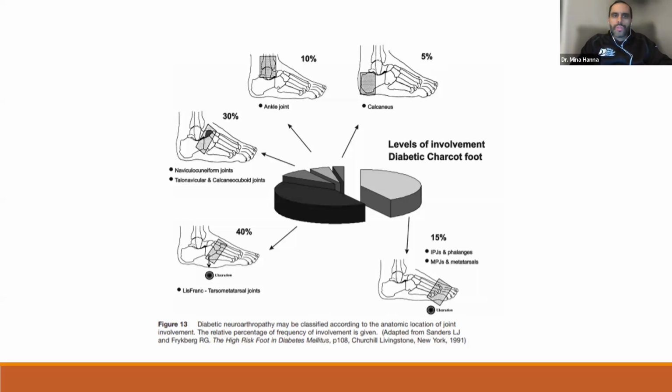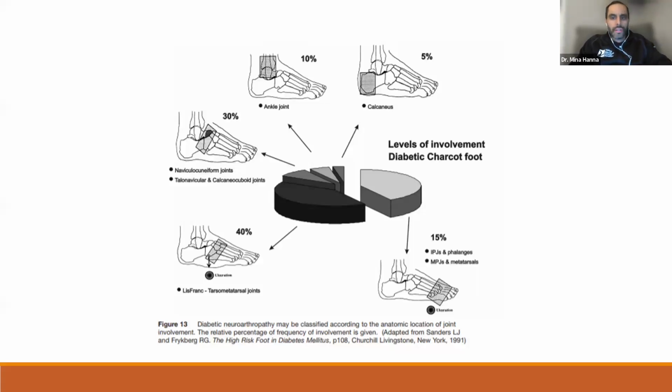So this diagram shows you that Charcot, which is the breakdown, can happen at different joints, right? There's 26 joints in the foot, and typically this illustration shows the frequency involvement of Charcot based on anatomic location.